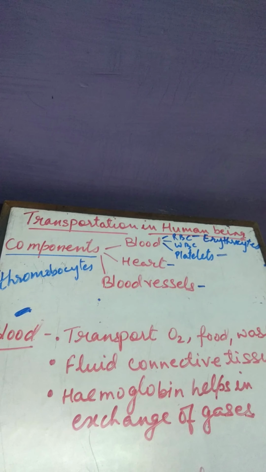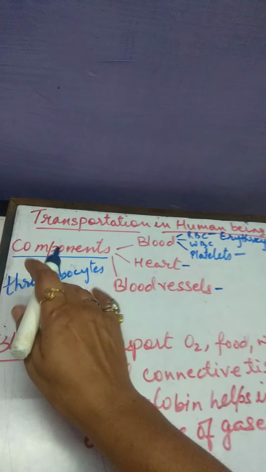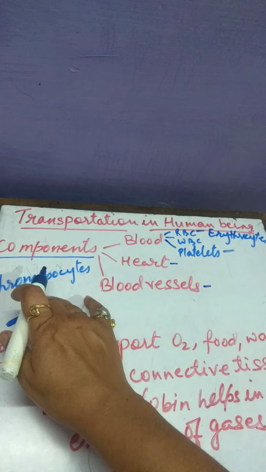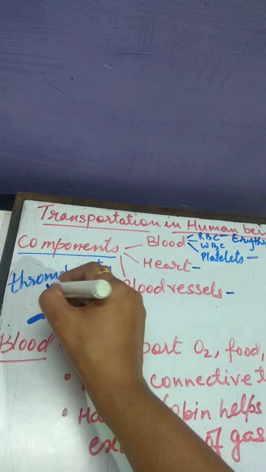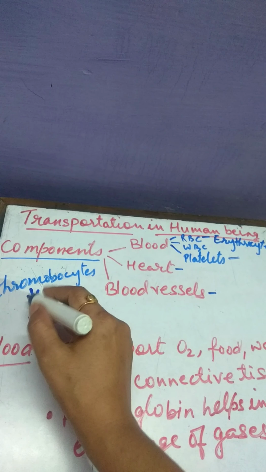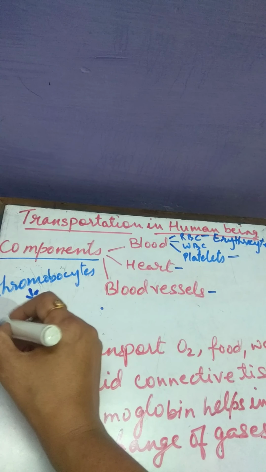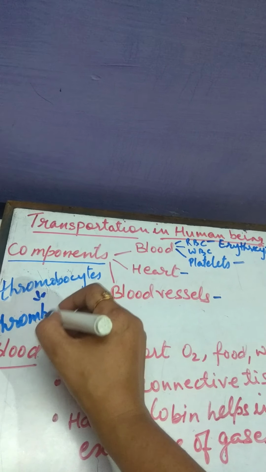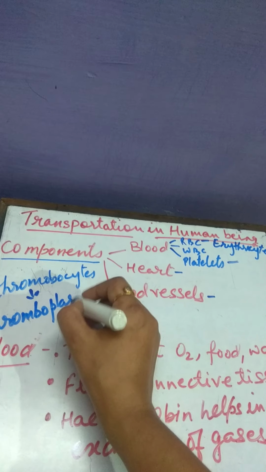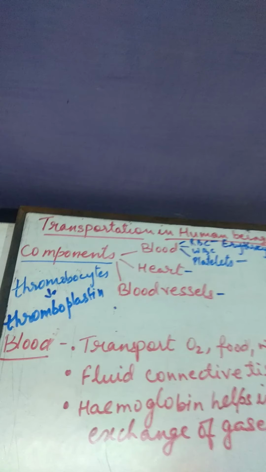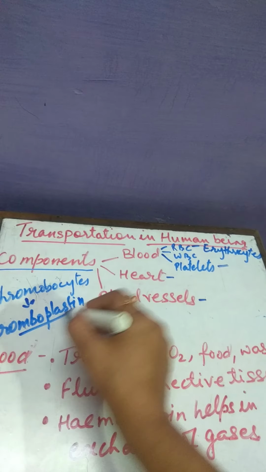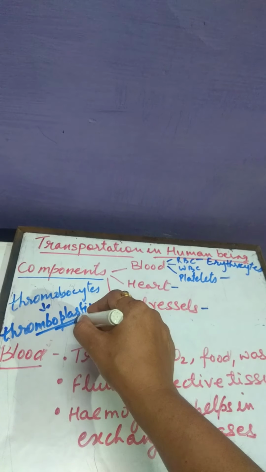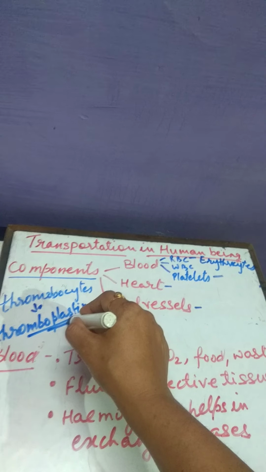How does this happen? Thrombocytes release a chemical. Clear? Thrombocytes release a chemical known as thromboplastin. This chemical helps in blood clotting.